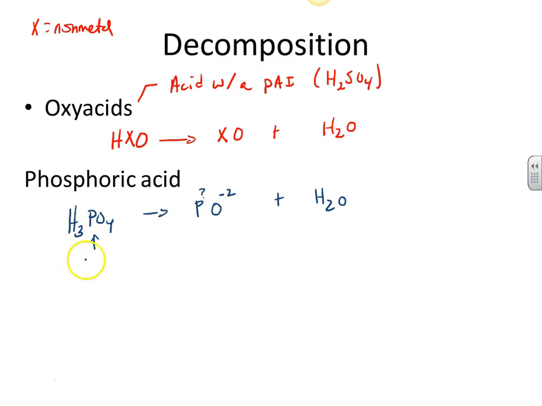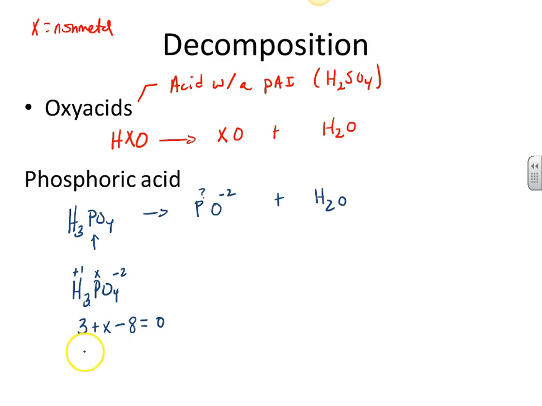So if we come to H3PO4, and we know hydrogen is a +1, we know oxygen is a -2, if we call X the charge of phosphorus, then we know that 3 times 1 is 3, plus X, minus 4 times 2 is 8, equals 0, because compounds add their oxidation numbers up to 0.